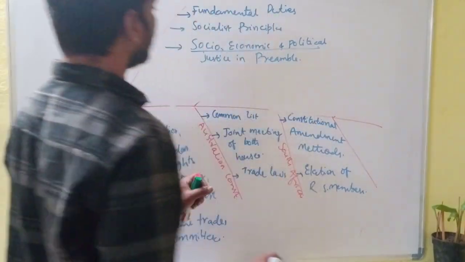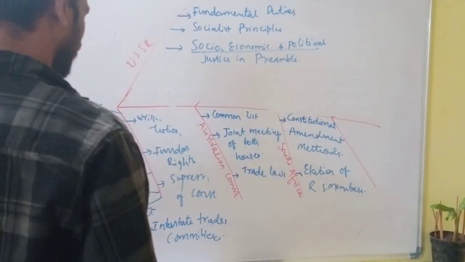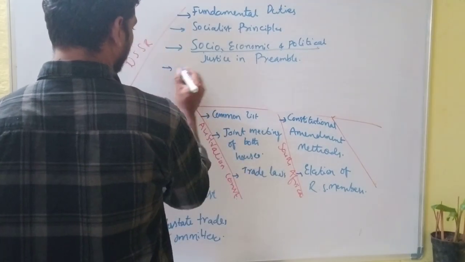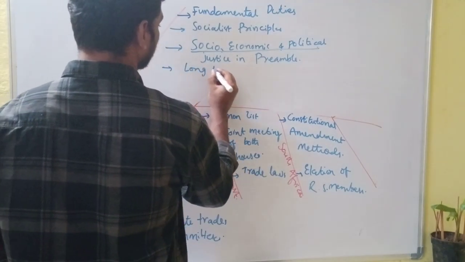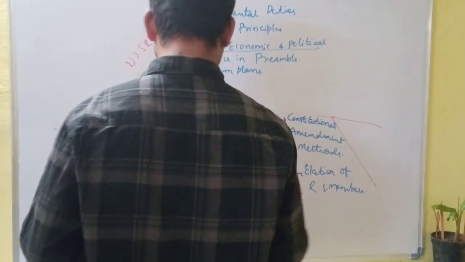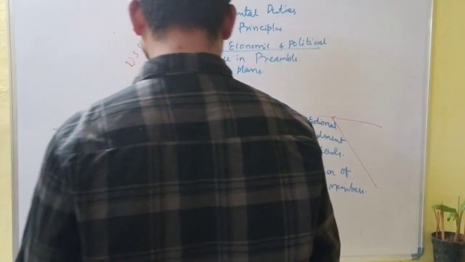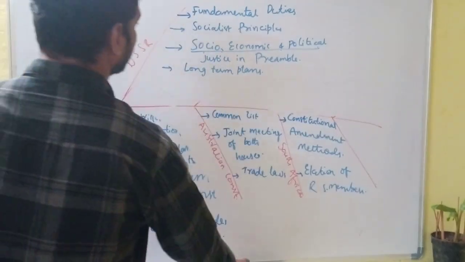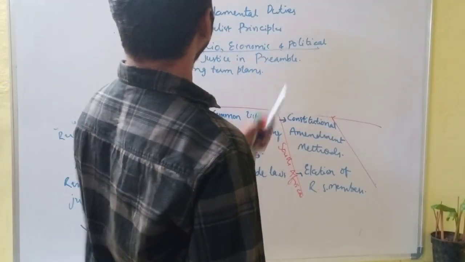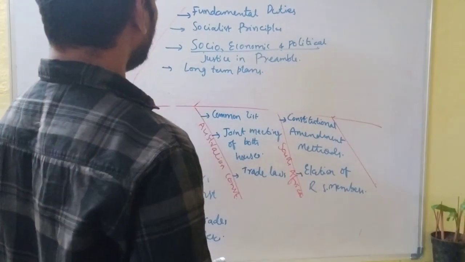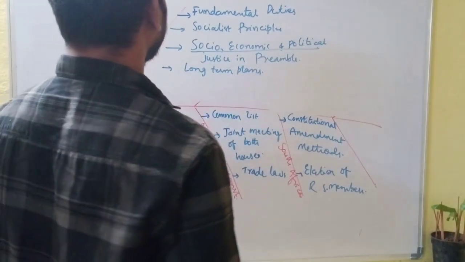So these words are taken from the USSR in preamble. And planning, long-term plan, five years plan. So these provisions are taken from USSR. What are they? Fundamental duties, socialist principles, socio-economic and political justice in preamble, and another one is long-term plans.